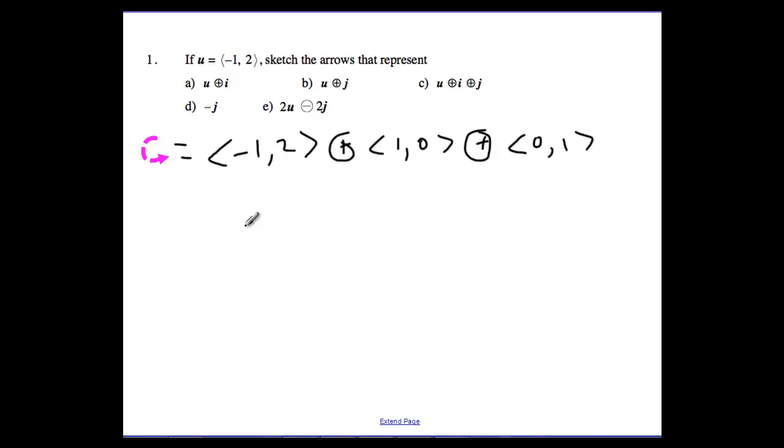And we just add each of those respective values together. So we end up getting negative 1 plus 1 plus 0 is 0 comma 3. So this is 3j. That's how we can simplify it, and it just is a vector that has a length of 3 all in the y direction.